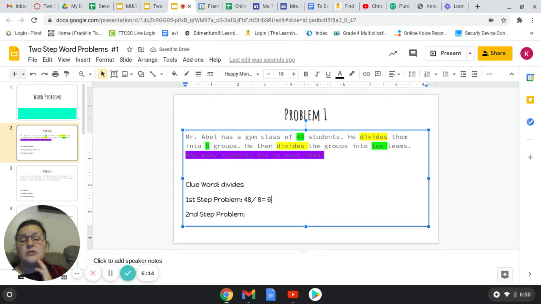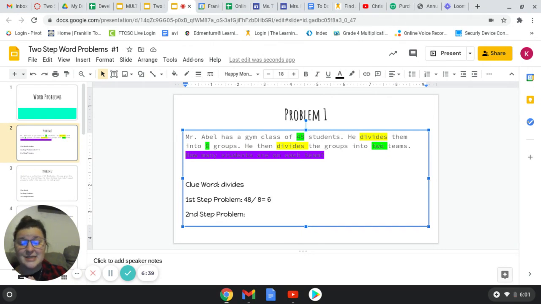So then I'm going to use that 6 in my second step. So I know that there are 6 students in each group. But then it's saying that he's dividing those groups up into 2 teams.